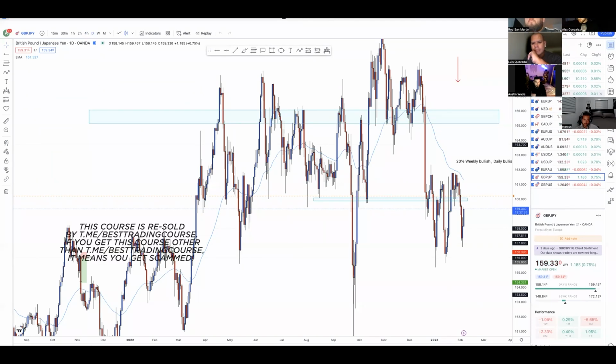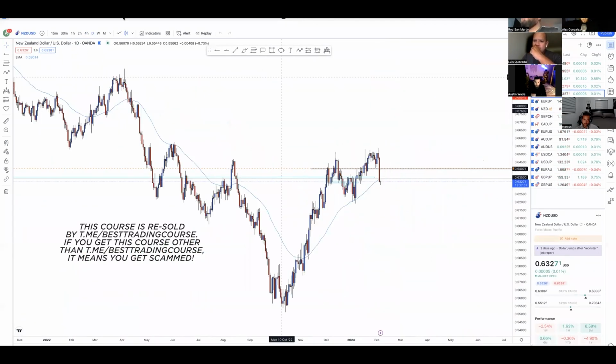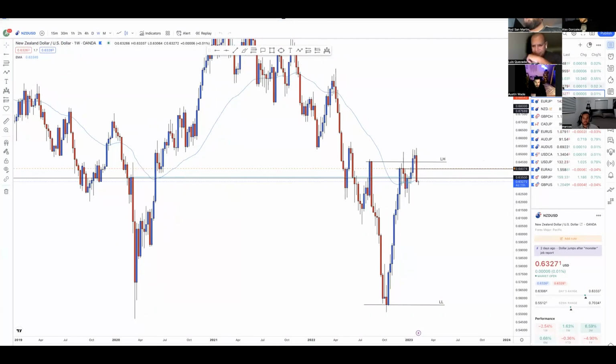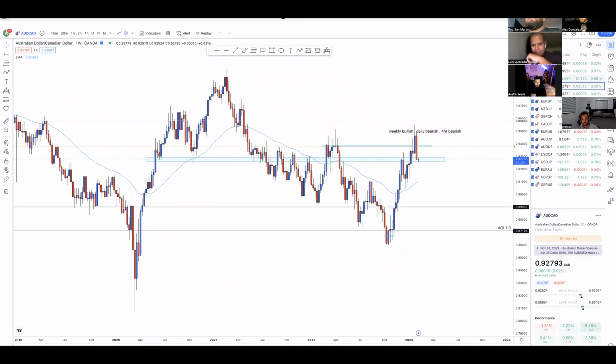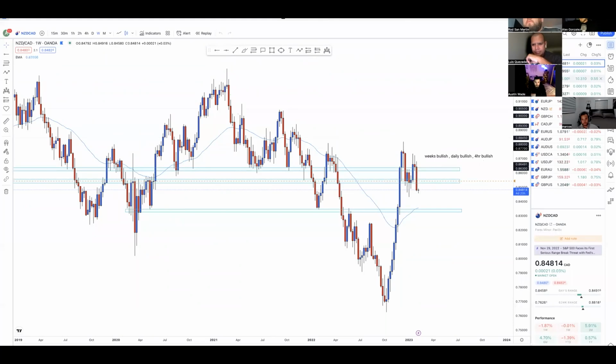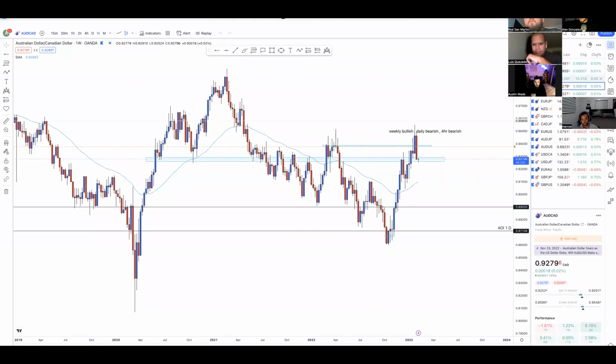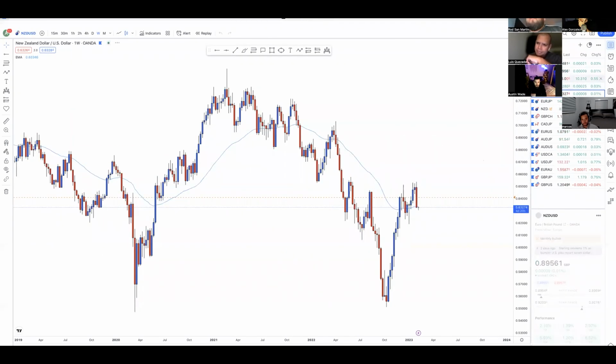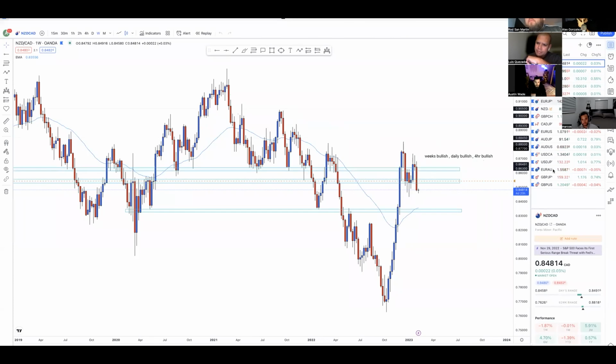NZD USD. So we have the weekly. This looks very similar to something else we got here. Yeah, obviously they're literally the same thing. It's an NZD pair. I think I threw it down here.